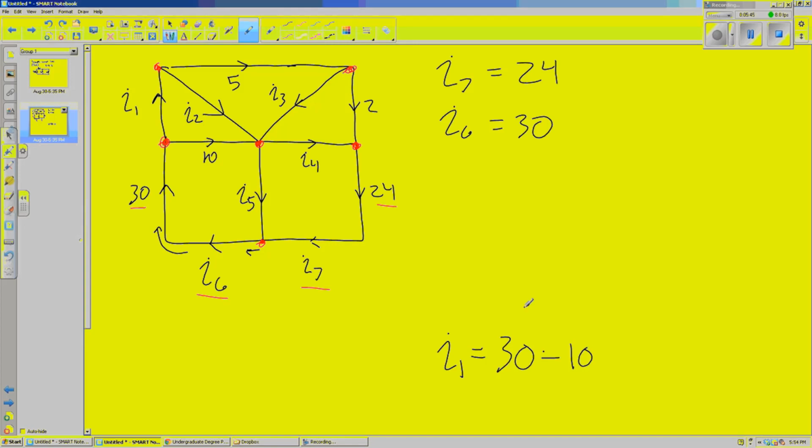So this would be my inside, this would be my outside, and it's negative because it's going in the wrong direction. And what do we get here? 20. Okay, so we can delete I1 here and put a 20 up there.